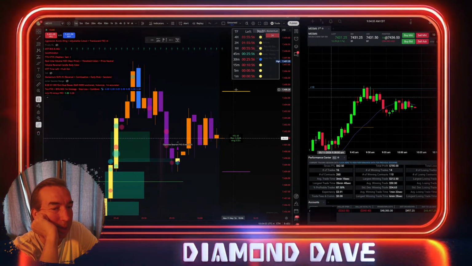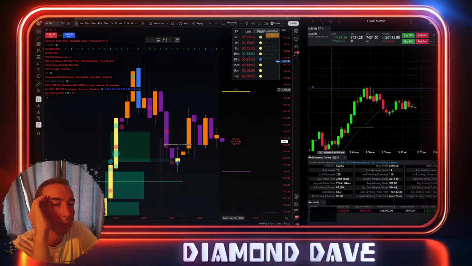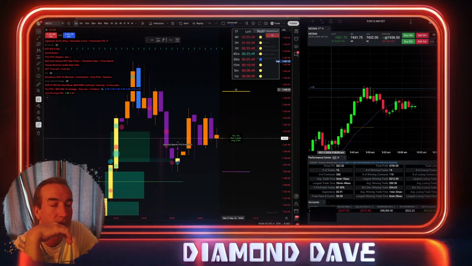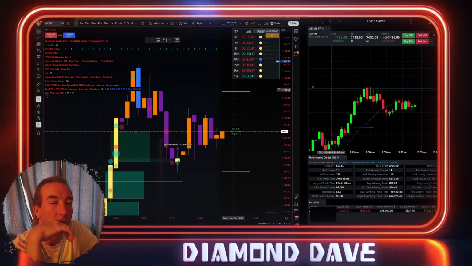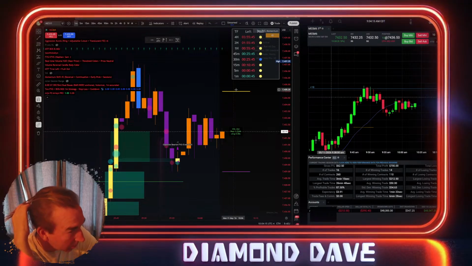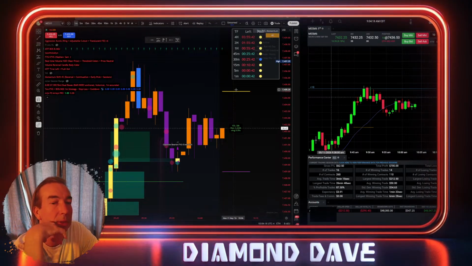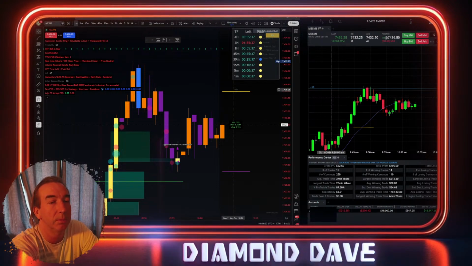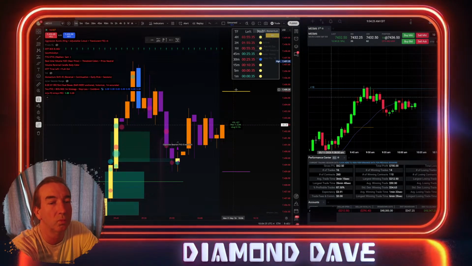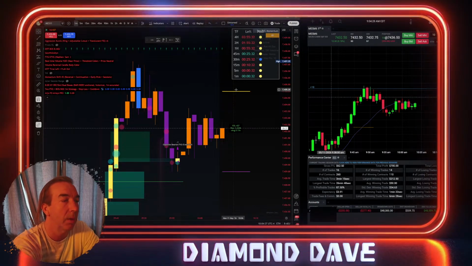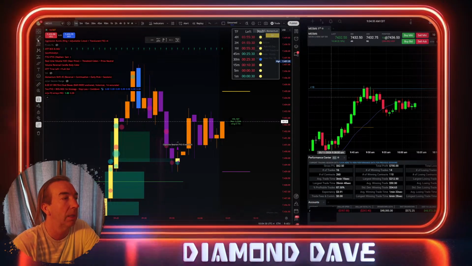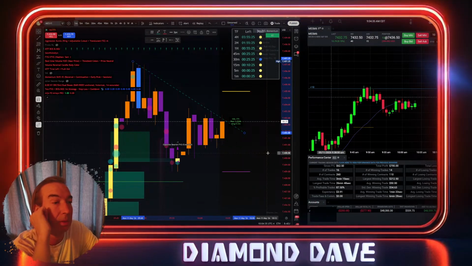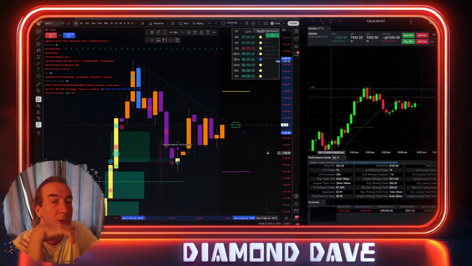We did kind of gap down a little bit. Okay, this is something. We're above the EMA now on the 1 minute. There's actually a little bit of a downward trend line here. If we break above that, then it could be a signal that we will continue to go up.